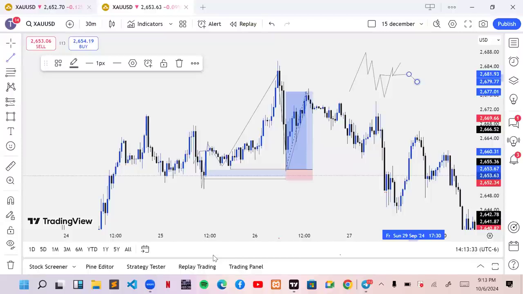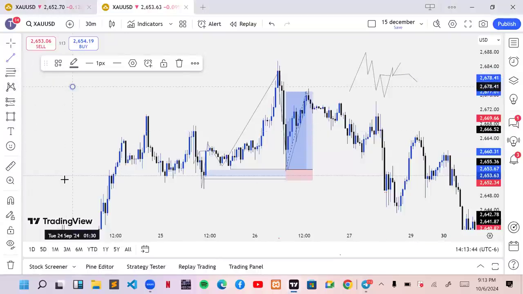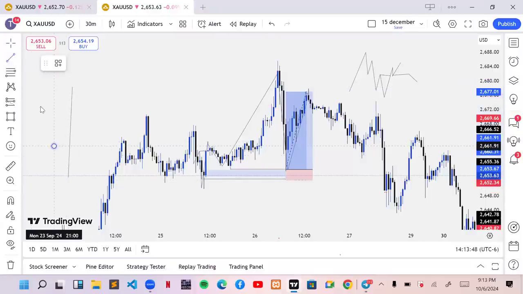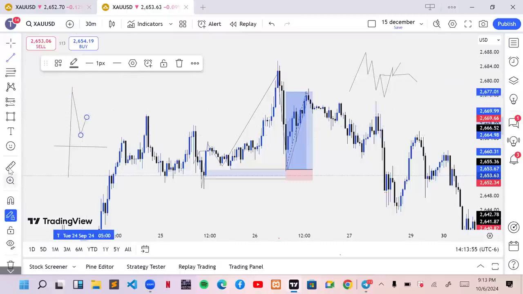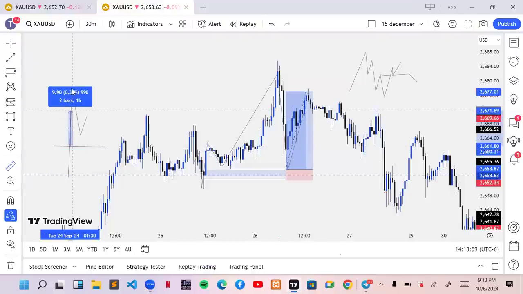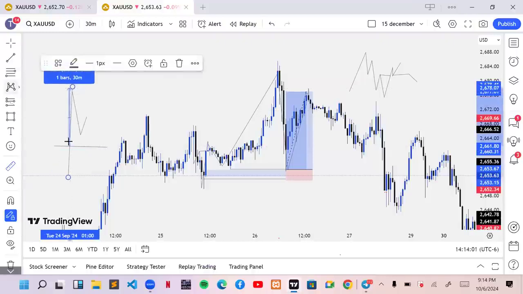What are you going to use to find 50% of the pullback? I think there's a measurement tool here in TradingView. If this is a candle, and this was where the break of structure happened, and then the market makes a pullback here and does this, you can use your measuring tool to mark from this zone to here, and mark from this pullback.